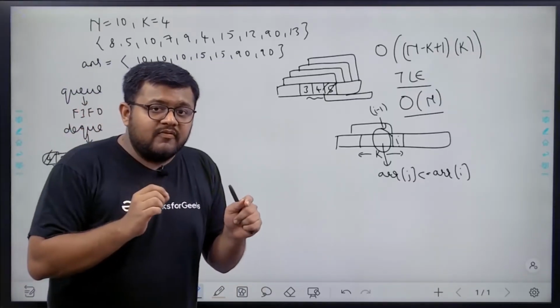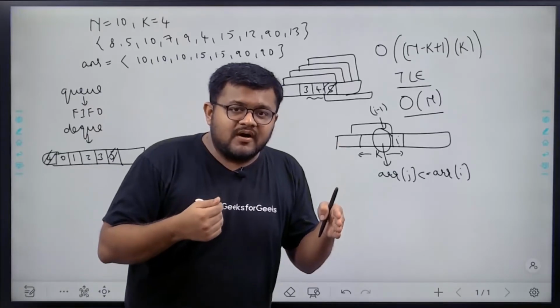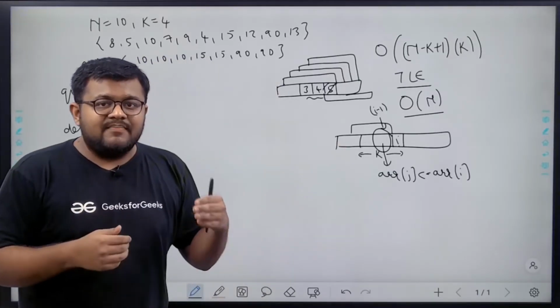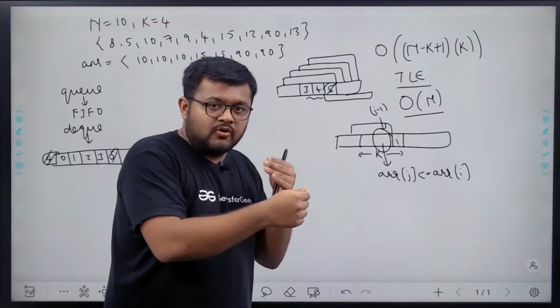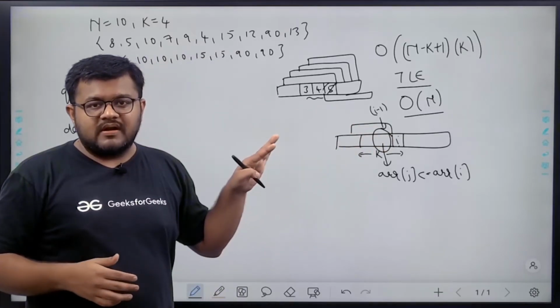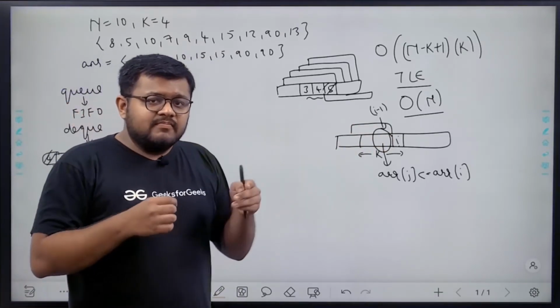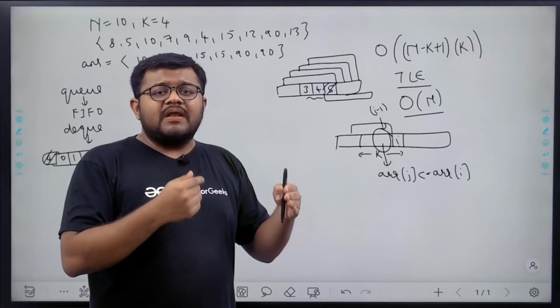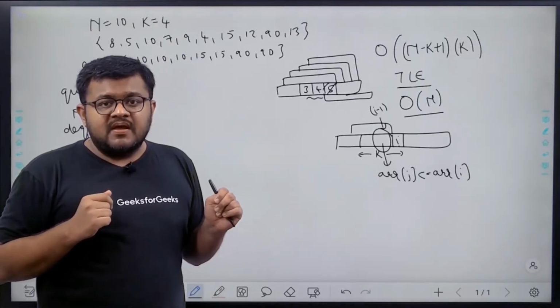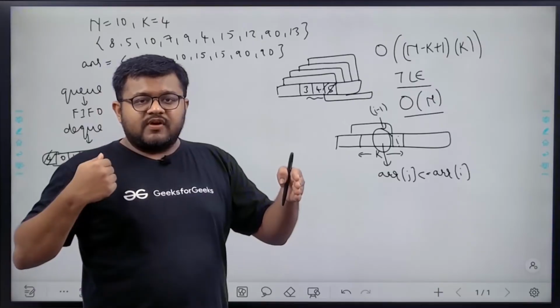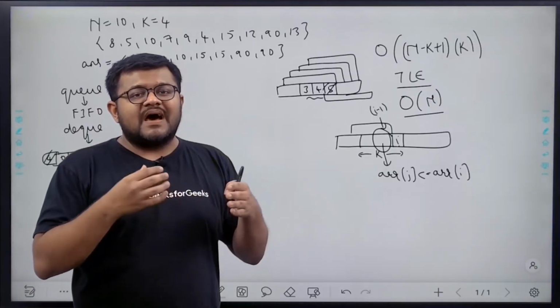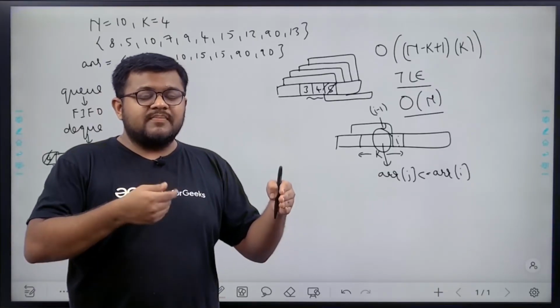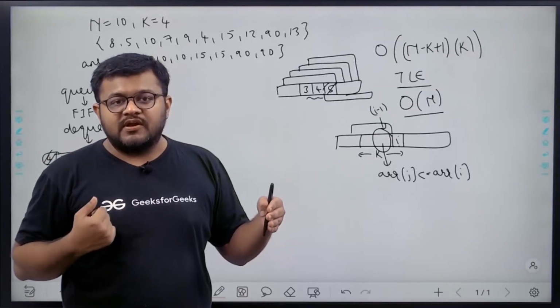So always what I will have in the deque at max is k elements which are in decreasing order. You will also see the decreasing order right now. And I will only keep the elements which are a part of the current subarray. So from the front part, whichever elements are not a part of the current subarray, I will remove them after every iteration.